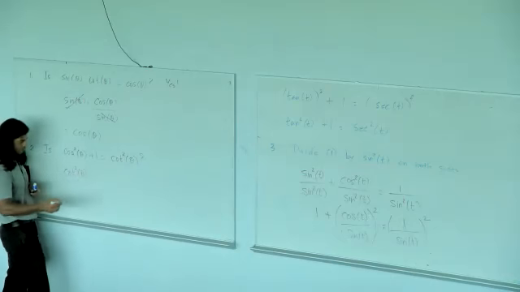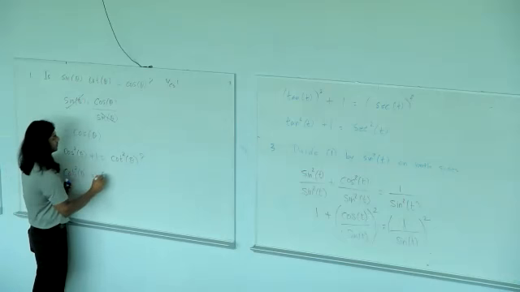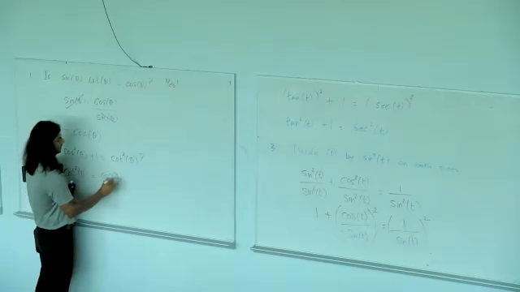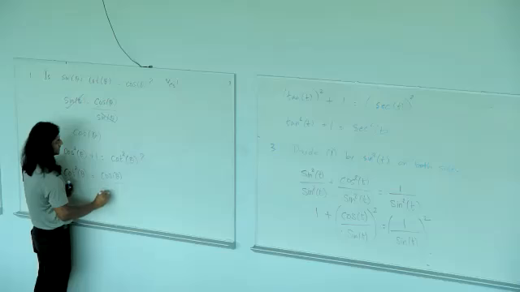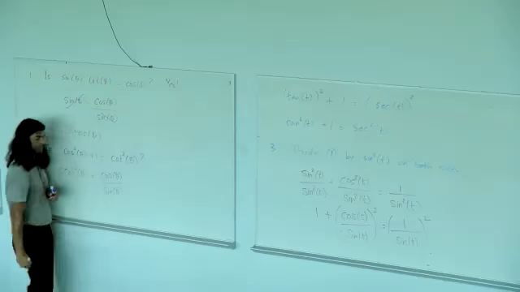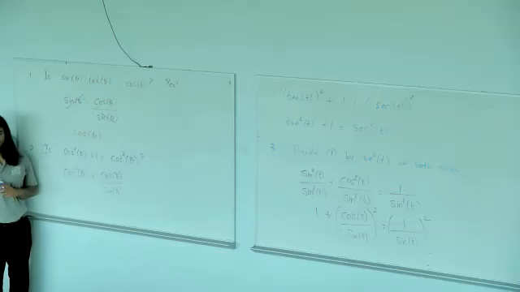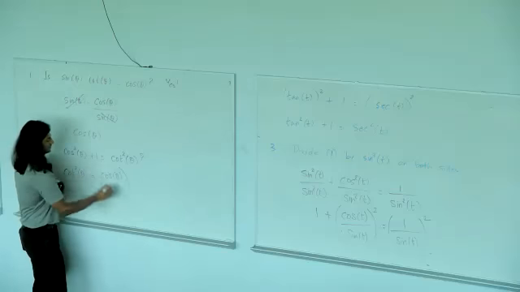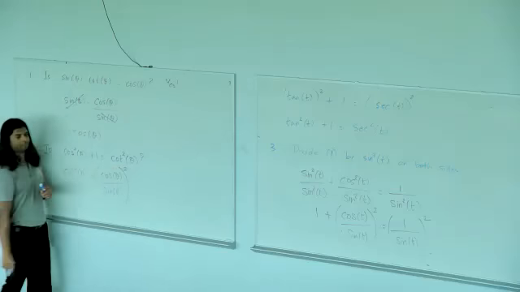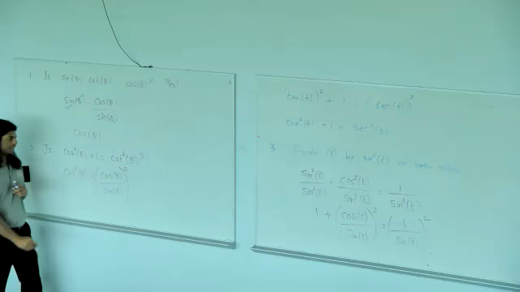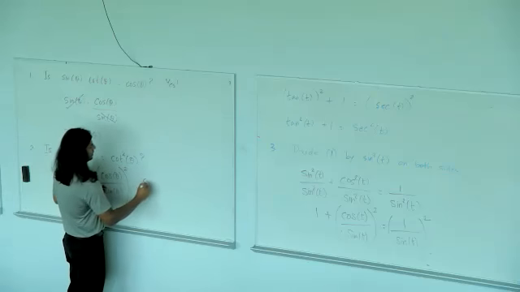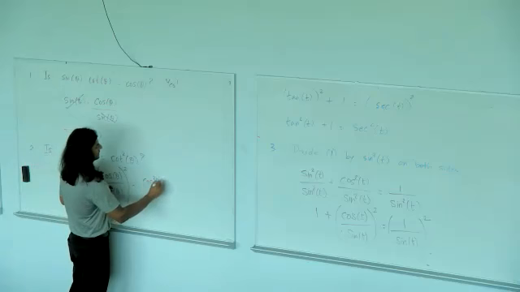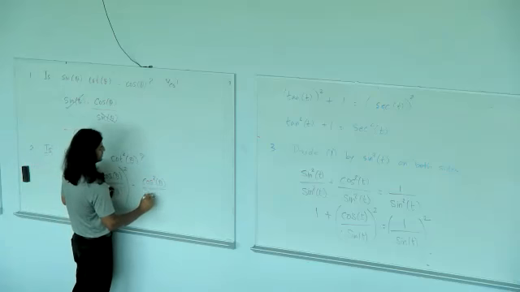If I rewrote that, that would equal cosine theta divided by sine theta, squared, which will give me cosine squared theta plus sine squared theta.